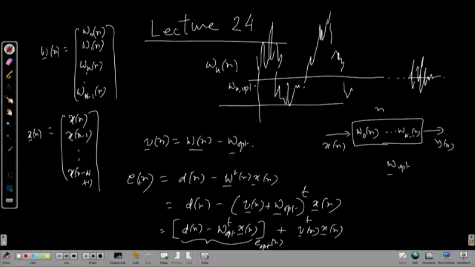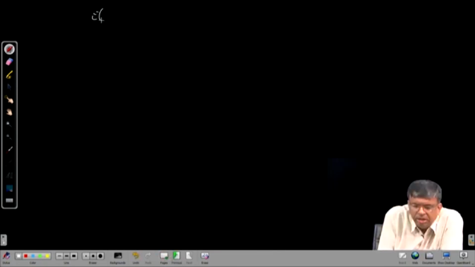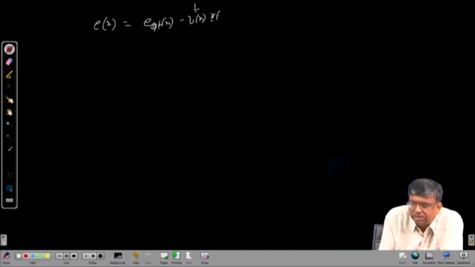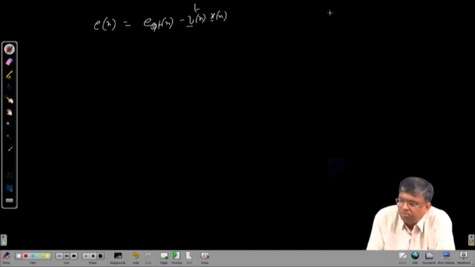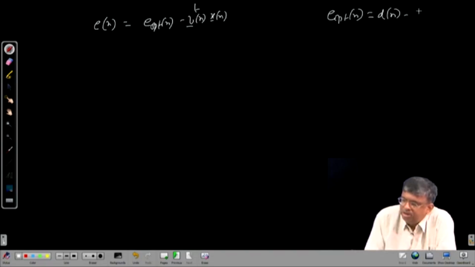So, what we have is e n is this. Let me rewrite again. What we have obtained is e n is e opt n minus V n transpose x n, where e opt n we have seen is d n minus the filter output with the optimal filter as the filter coefficient vector.